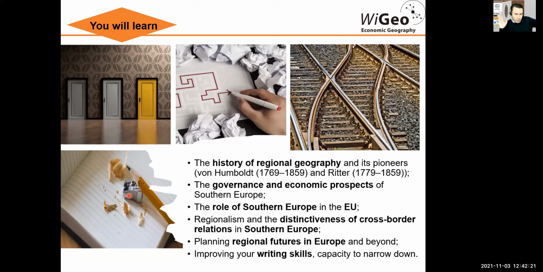Maybe some of you are already familiar, if you have a background in human geography, with Alexander von Humboldt or Karl Ritter. Hopefully I will be able to bring some more novelty in terms of governance, the role of Southern Europe in the EU, and these distinctive elements of cross-border relationships, because they are really important in facilitating or contributing to the quality of life and well-being of the populations living there.